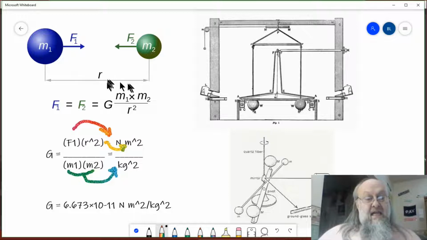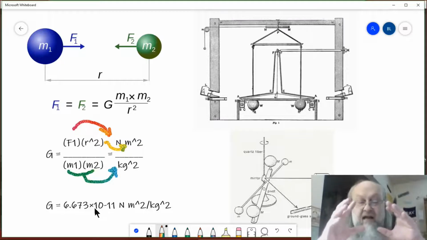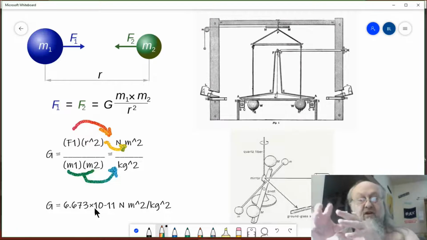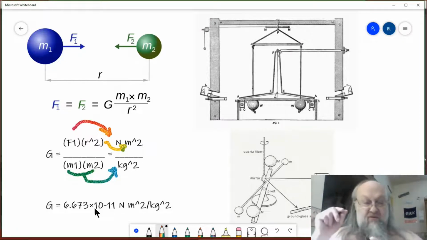But this number also has to be multiplied by a number, not just the units. The units are right, but we also have to multiply it by some number. I guess what I'm trying to get at here is that before, we made up a new unit called newtons, so we could set 1 newton equal to 1 kilogram meter per second squared.